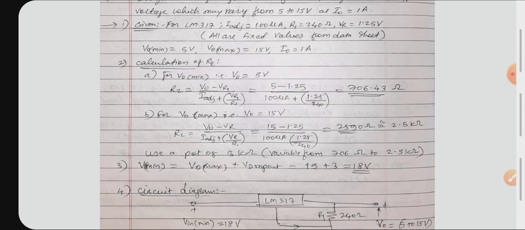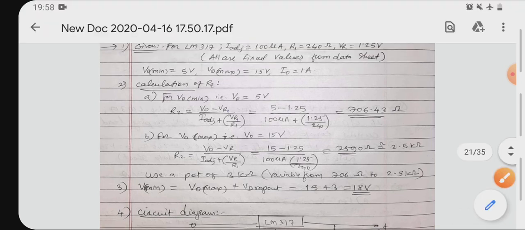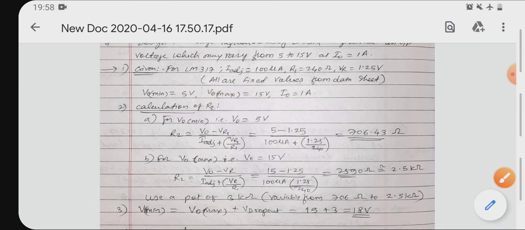For LM317 you have to assume the fixed values, as I told you, four values: I adjust equal to 100 microampere, R1 equal to 240 ohm, VR equal to 1.25 volt and VD equal to 3 volt. VO min is given as 5 volt, VO max is 15 volt and IO is equal to 1 ampere.